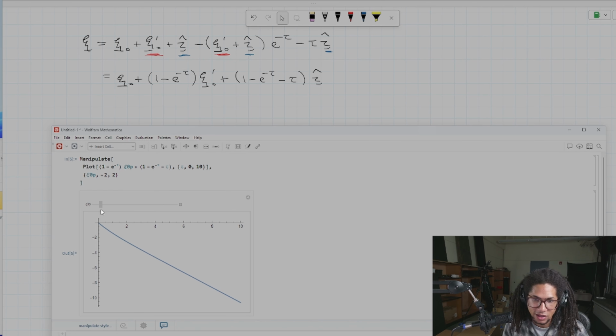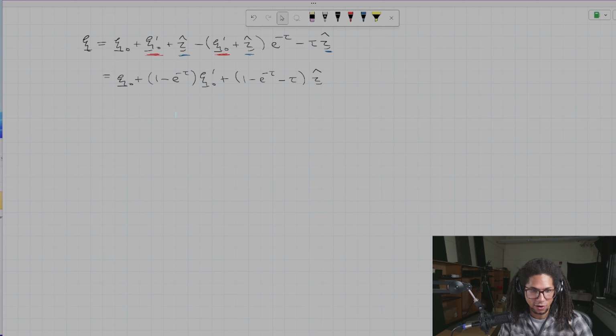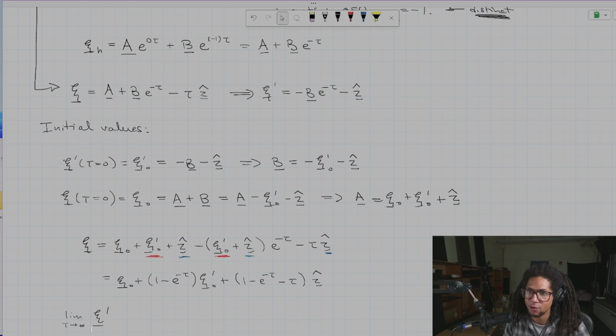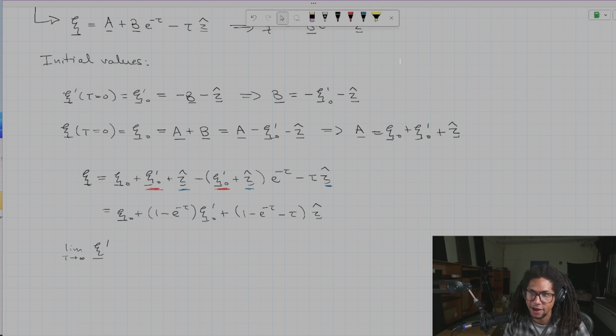And now that we've seen it in the solution, let's look for it up here in the functional form. So what happens if I take the limit as tau goes to infinity? I don't want to look at the limit of this thing. Instead, I want to look at c prime. Let's recall what the form of that was: minus b e to the minus tau minus z hat.